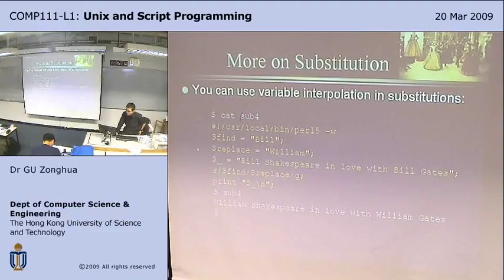So you can assign two variables, find and replace, and then use these variables in the substitution. Substitute $find, which is Bill, with $replace, which is William, globally. And then you get the same effect, substituting these two Bills with William.